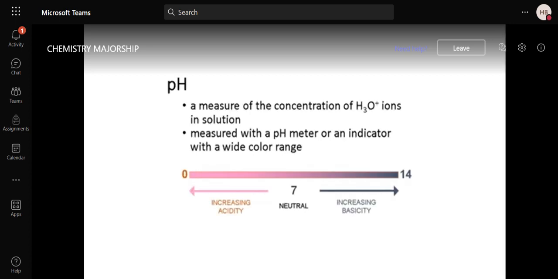Meron pa tayong 0 to 14 na values. Alright? So, from 0, if the pH is less than 7 but greater than 0, syempre, wala po tayong negative na pH value. Okay? The substance is acidic. But if you go beyond 7, then the substance is basic. At ang saktong 7 naman, it is neutral.